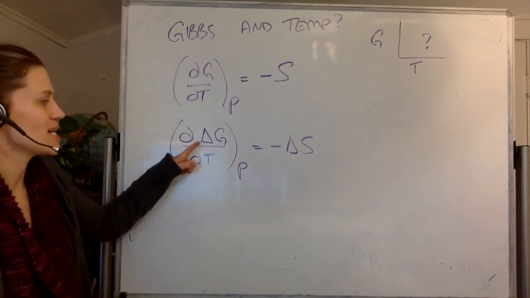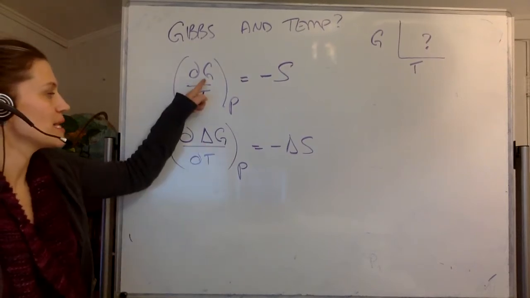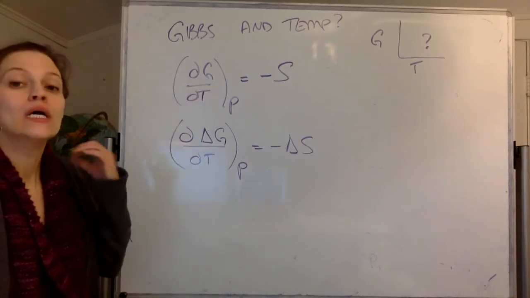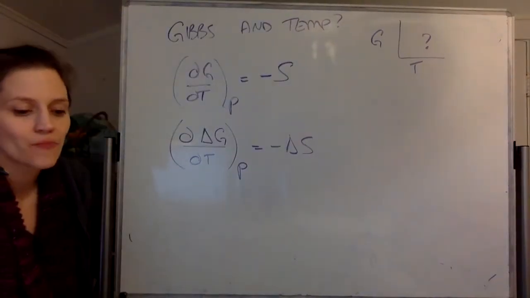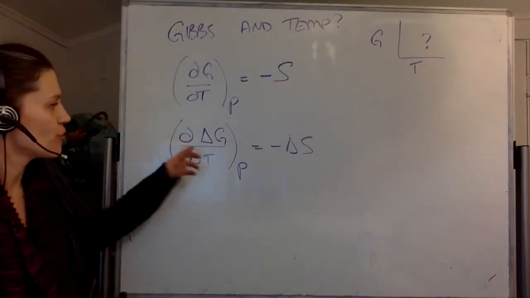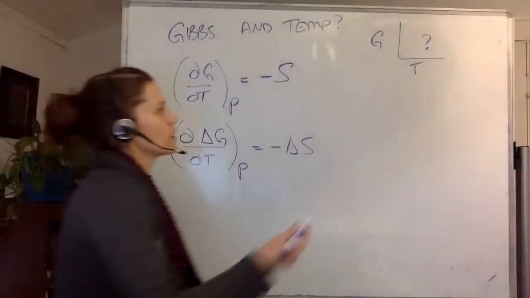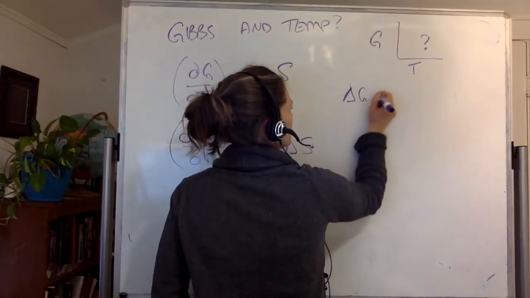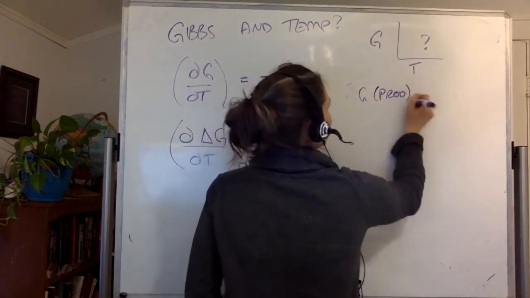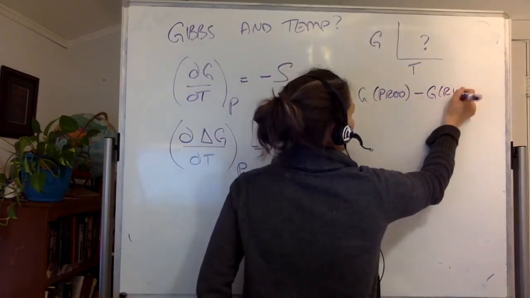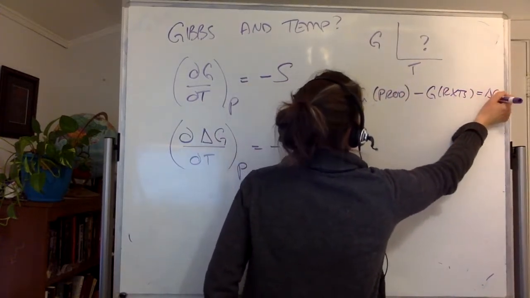It's not just that I decided, oh, I'm just going to make this delta G. That's cool. No, it's a page of notes to get there. But you're looking at how this changes from going, so delta G of the products, G of the products minus G of the reactants gives us our delta G.